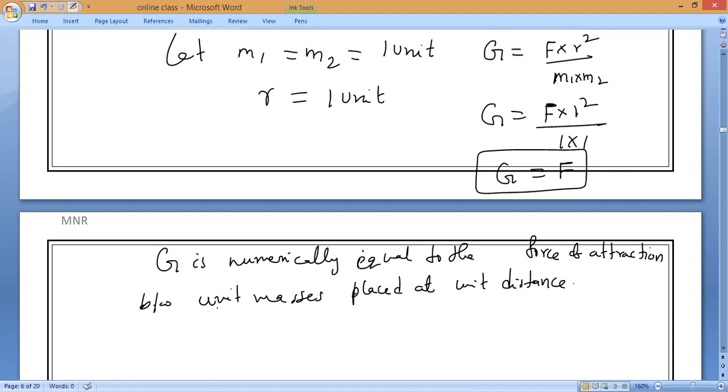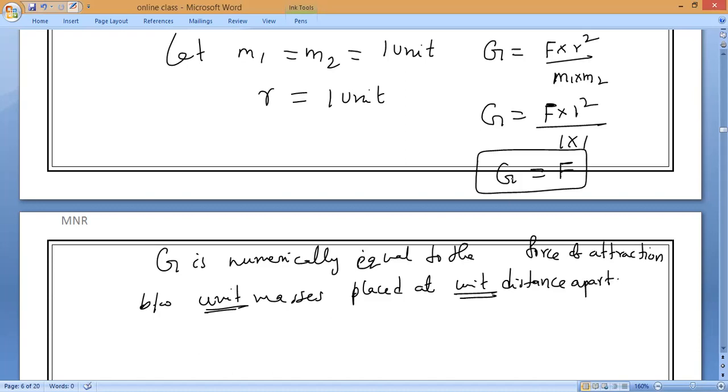What do you mean by unit? I told you. What do you mean by unit, Mr. Akilan, Gokul? One. Unit means one. One unit. Placed unit distance apart. So that is what the G value is.